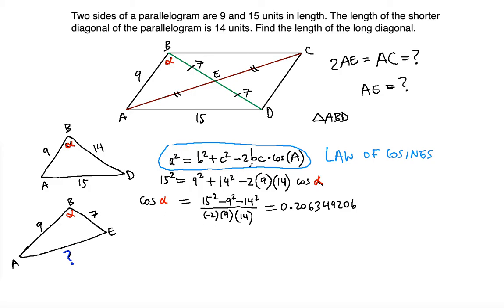Using the same type of equation except changing the numbers slightly, we have AE squared equal to 9 squared plus 7 squared minus twice 9 times 7 times the cosine of alpha.